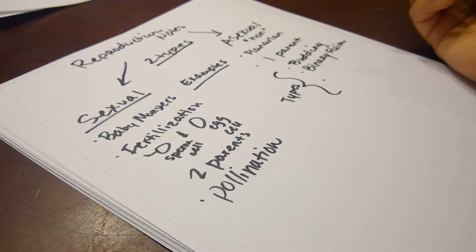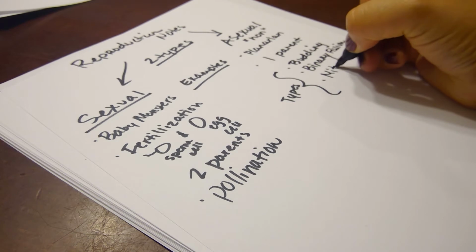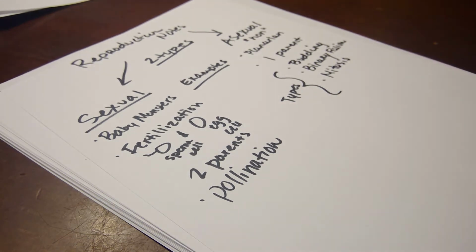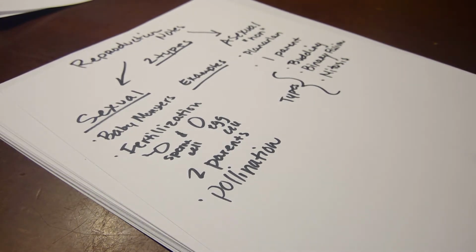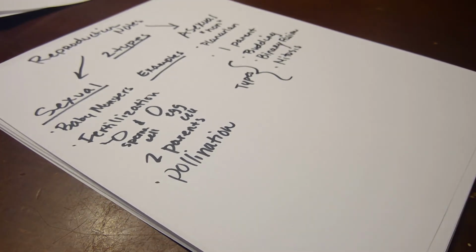And then another type was mitosis. So mitosis was how skin cells make a copy of themselves. Not only skin cells, but most eukaryotic cells.